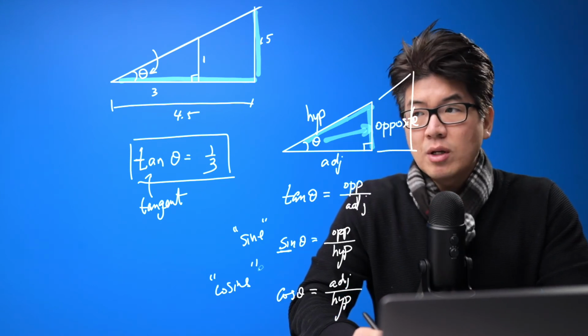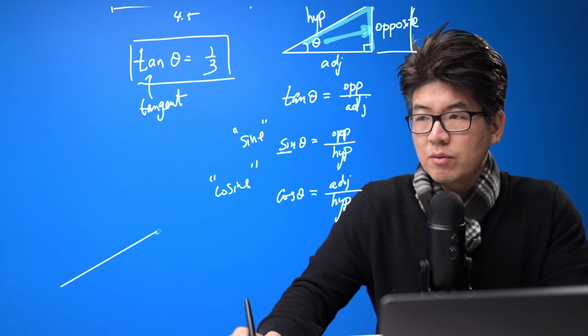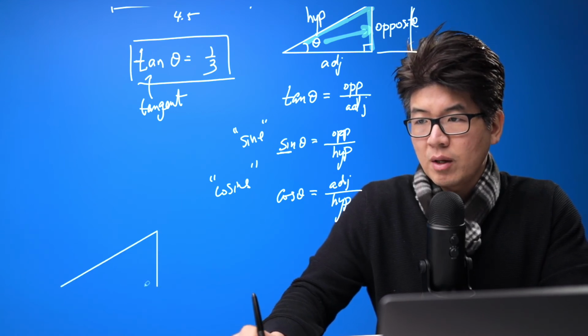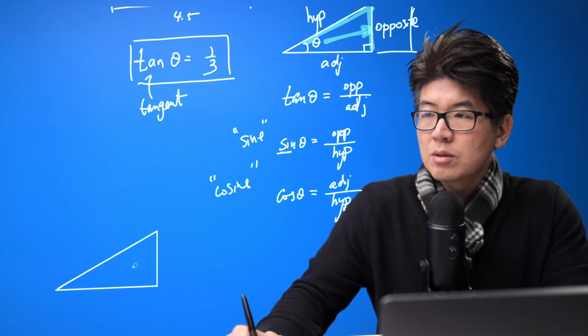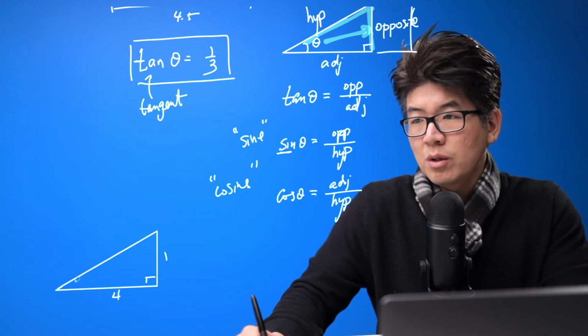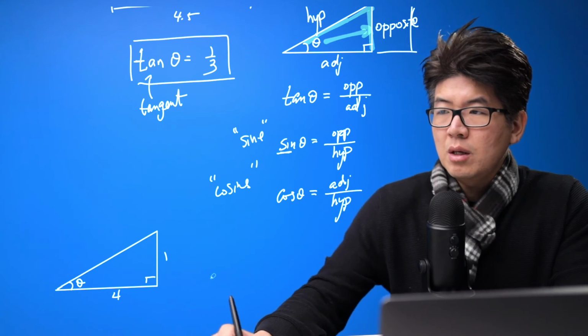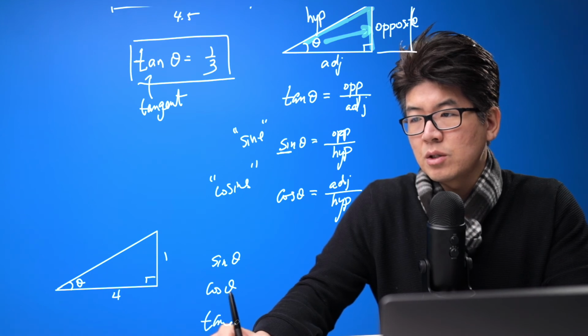Okay, so let's do some examples to get a little bit more comfortable. Let's say we have a right angle triangle, and it's only for right angle triangles, by the way. Let's say this has a length of 1, and this is 4. Here's my theta. The question is to find sine of theta, cosine of theta, and tangent of theta.